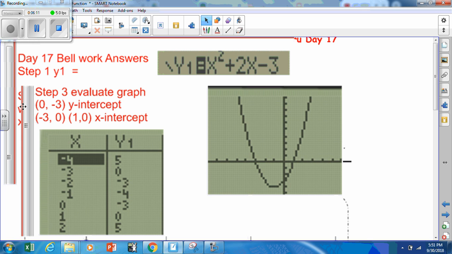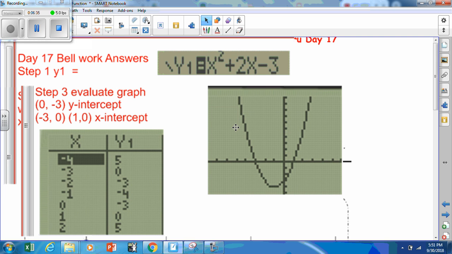We call them quadratics. We'll talk more about this later, but typically a quadratic can have 2, 1, or no x-intercepts. And our y-intercept is (0, -3). All right, let's continue.